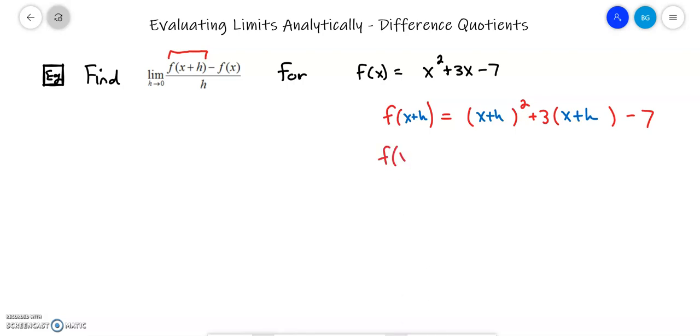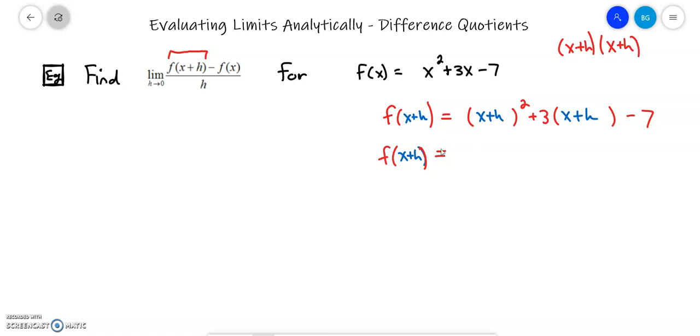And now I'm just going to work this out. Don't forget, when I have a binomial squared, I don't just square the first term and square the second term. You have to FOIL that out. Somewhere off to the side, if you can't do that in your head, you're going to have to write out x plus h and literally FOIL that out.